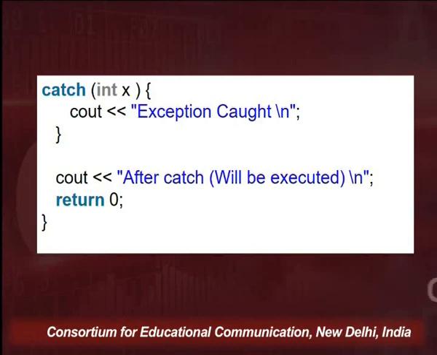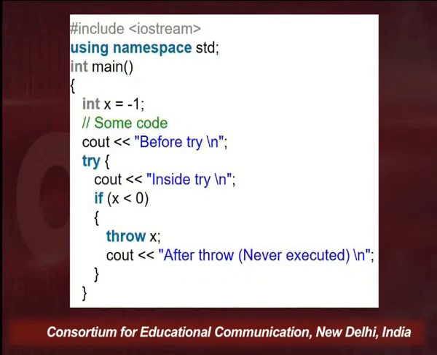So what output are we expecting? Starting from main, x equals -1 is perfectly fine. Then a statement is printed which says before try, then a statement inside the try, then there is throw x, and whatever is written after throw will not be printed.